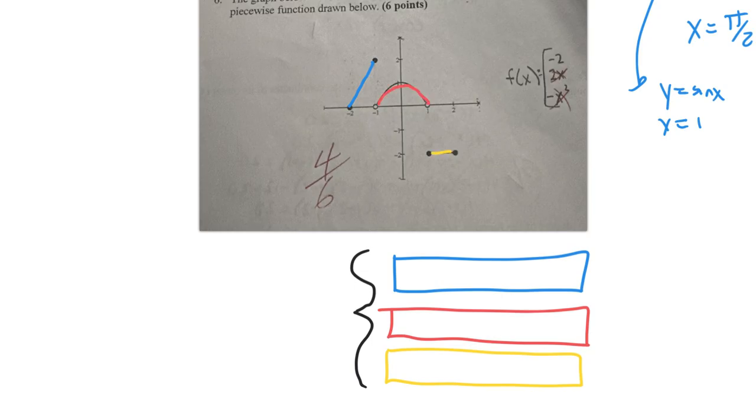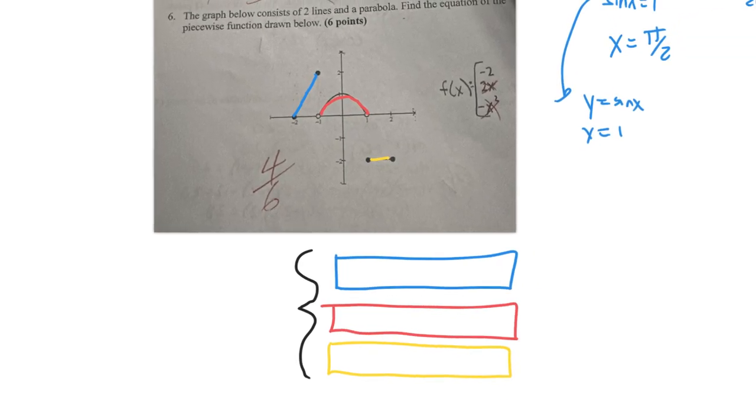Now, with regards to the blue box part, it's clearly happening between -2 and -1. So it's going to be -2, -1. Okay. With regards to the red part, it's clearly happening between -1 and 1.